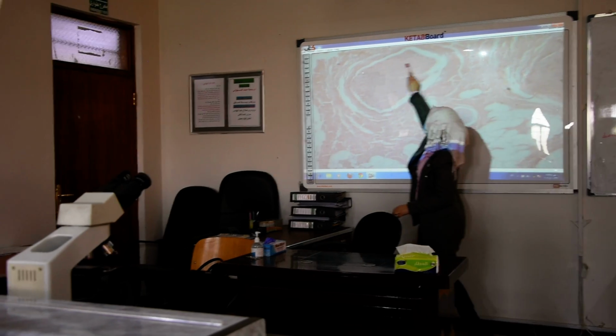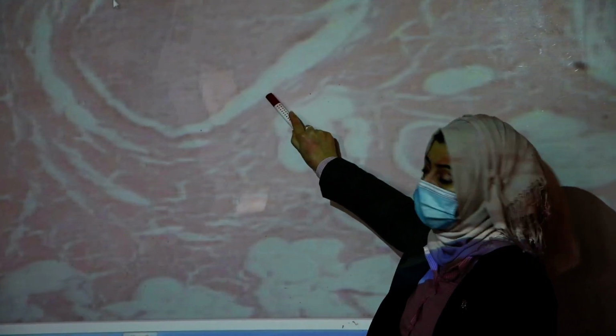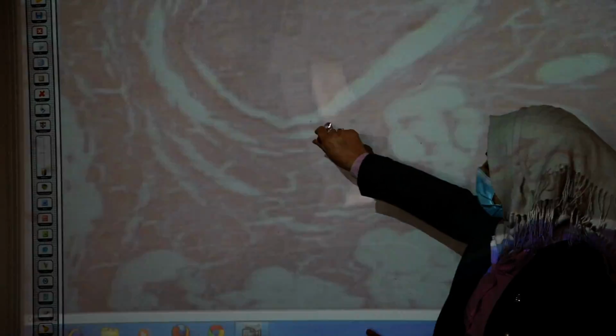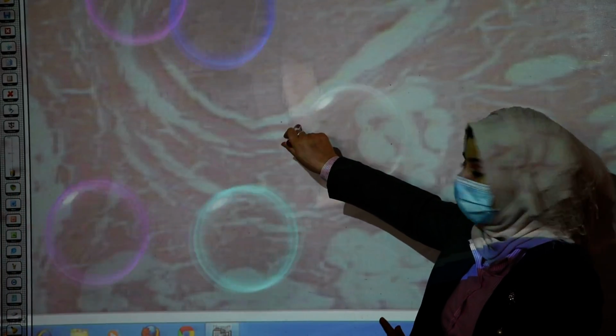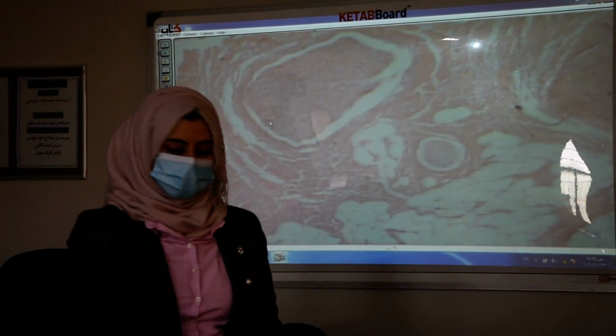When we come to the individual fascicle, it's surrounded by the perineurium. So the outermost is the epineurium, while the one surrounding the fascicle is called the perineurium. The perineurium is thinner than the epineurium, also composed of dense connective tissue.